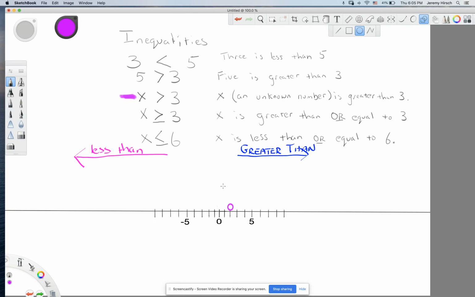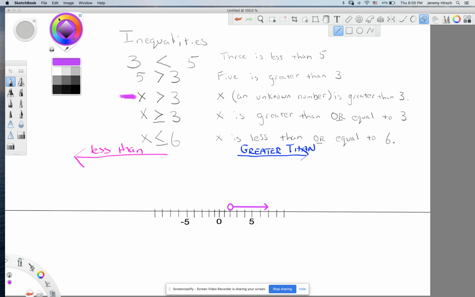Here's our circle at 3. And then we want a line. X is greater than 3, so it goes to the right. And then at the end, because we want it to indicate it goes forever, we must turn it into an arrow. This is x is greater than 3.